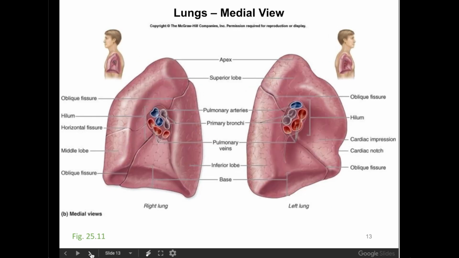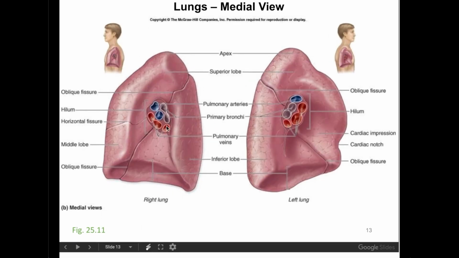So looking at the other side here, this box area right here is called the hilum. And it's basically the freeway system of the lungs. It's where everything's coming in and out of the lungs. So within the hilum, we have the primary bronchi on both sides, the pulmonary arteries, and then the pulmonary veins.